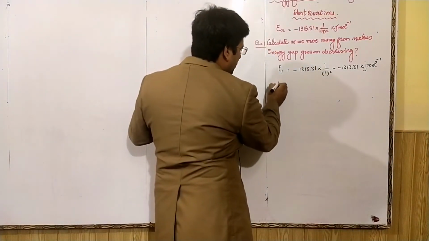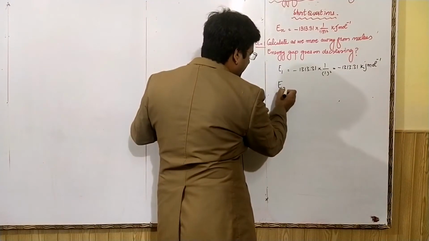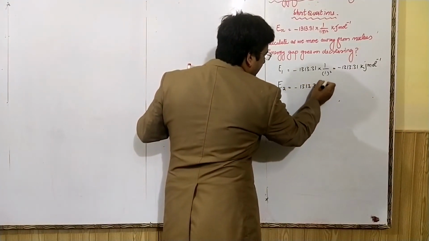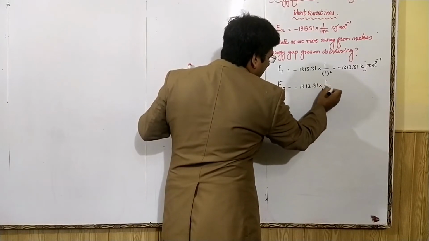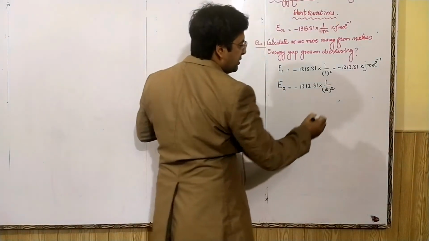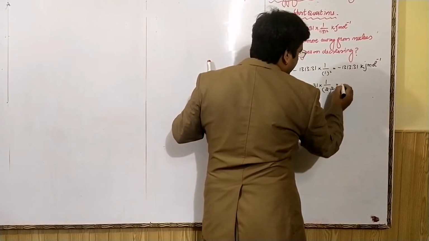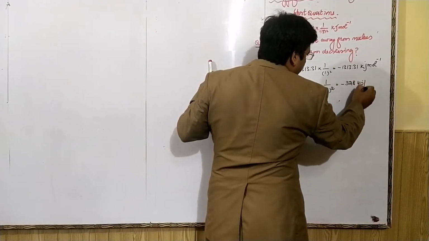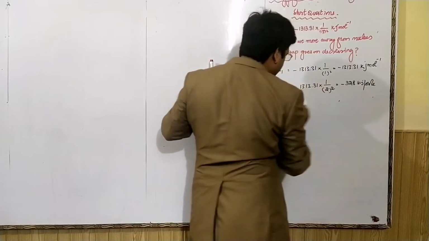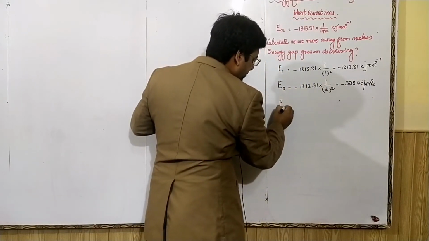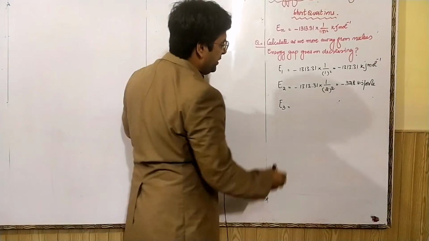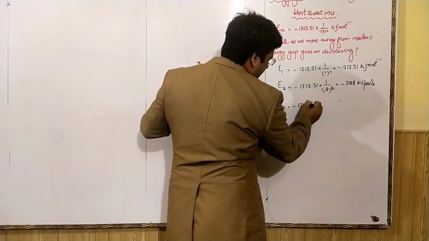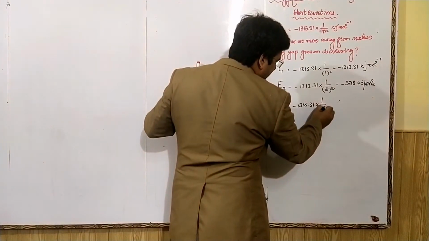Now, to calculate the energy of second shell, minus 13.31 into 1 over 2 square. Its answer will be minus 328 kilojoule per mole. Energy of third shell in hydrogen atom would be minus 13.31 into 1 over 3 square.